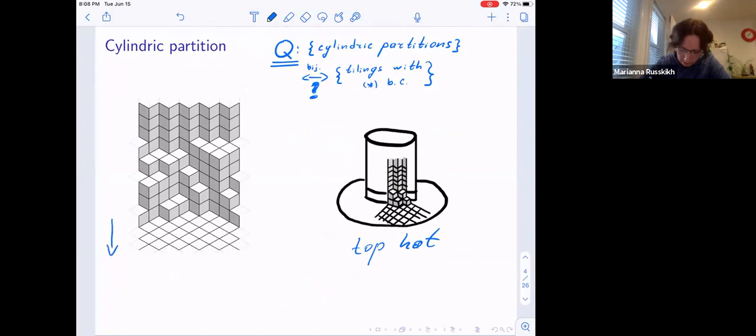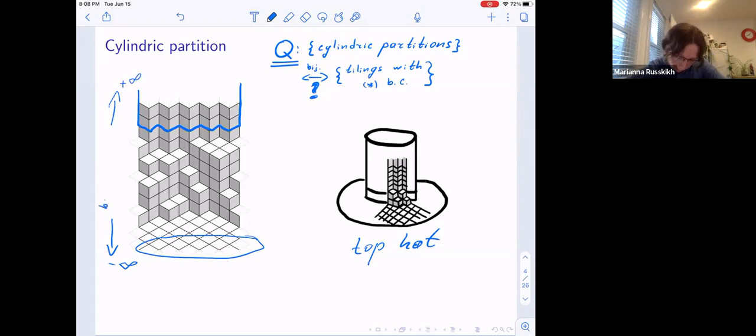We ask that all lozenges, if we go far away down, are horizontal when we go to minus infinity, and when we go to plus infinity, the lozenges just alternate between these two types. So the picture far away up looks like this, and this is our boundary condition.